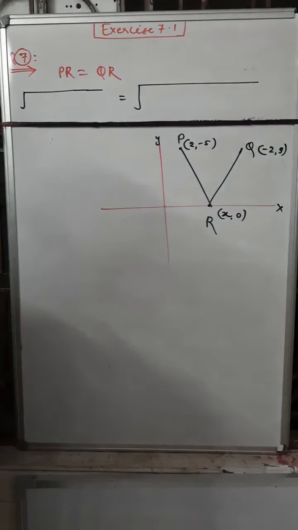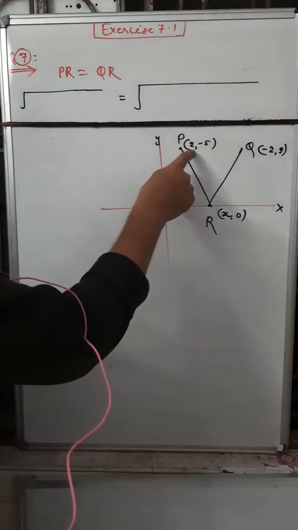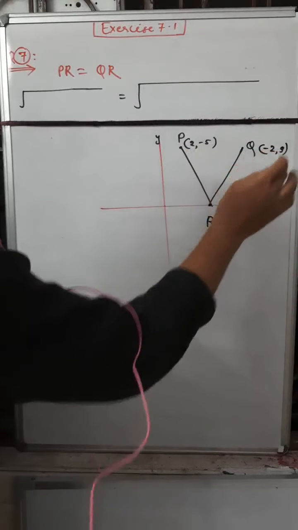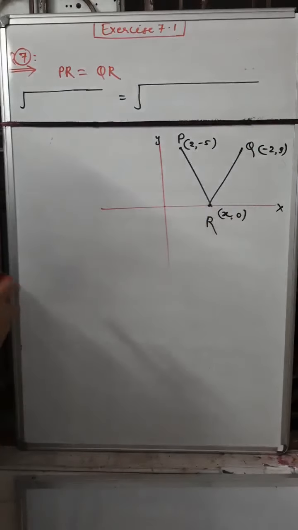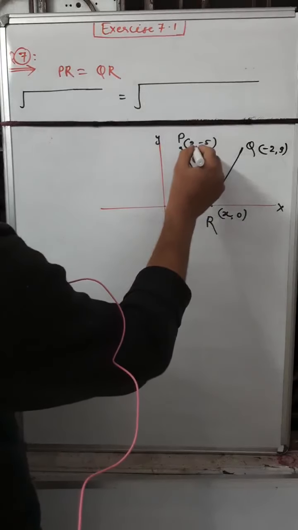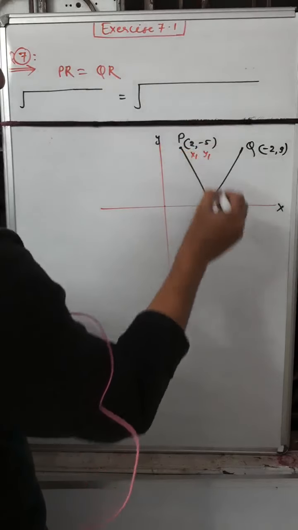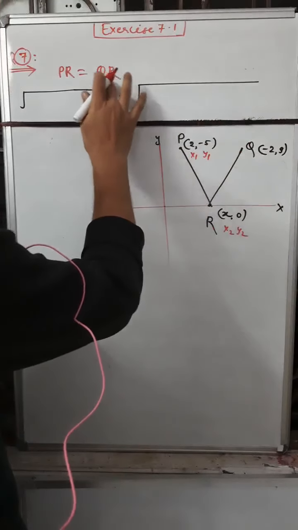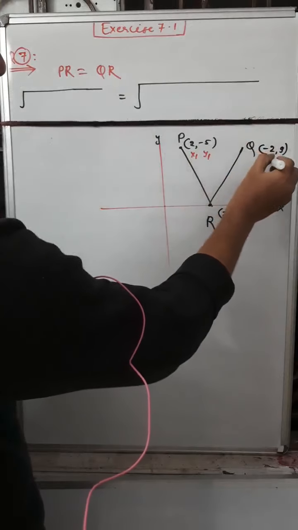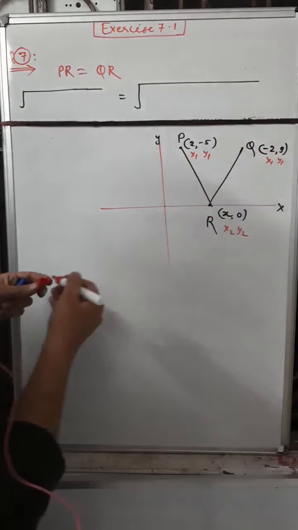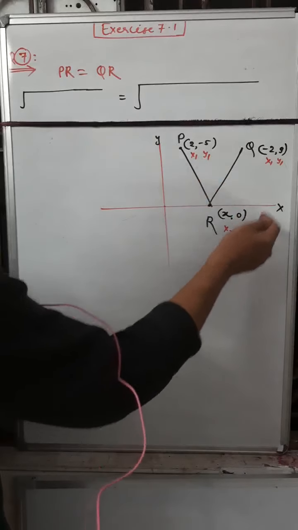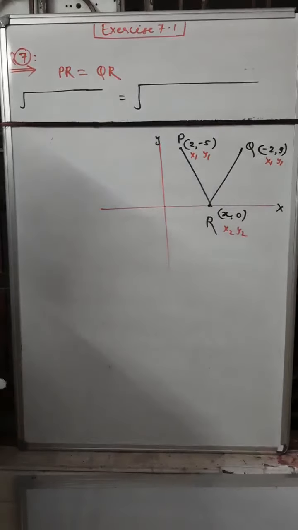Suppose this point is x1, y1 and this is x2, y2. Again, if we calculate the distance between Q and R, it is x1, y1, x2, y2. Whatever you like, no problem, it depends on you.